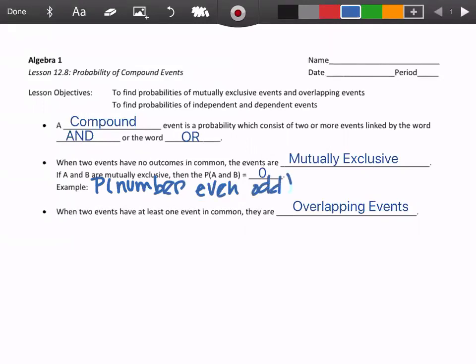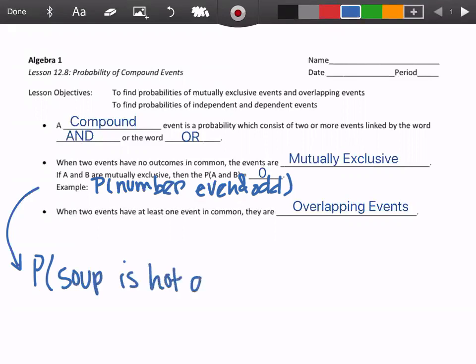A number cannot be even and odd. Another example of that would be the probability that something you cooked, let's say soup, is hot and cold after a certain time period.